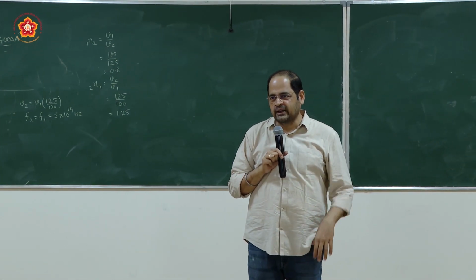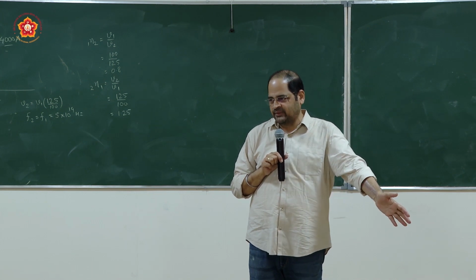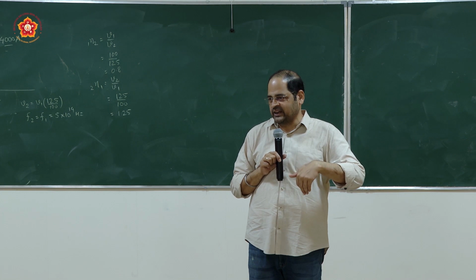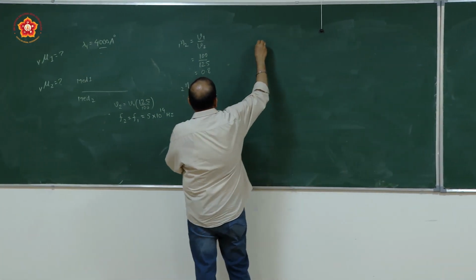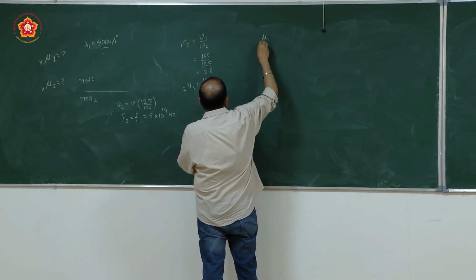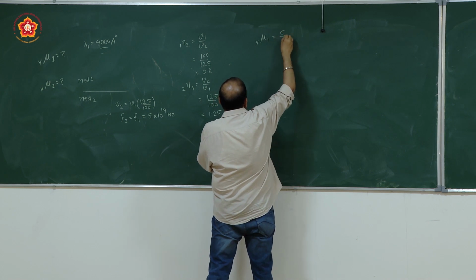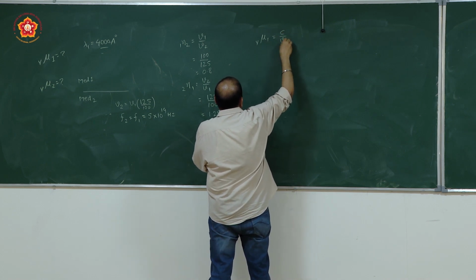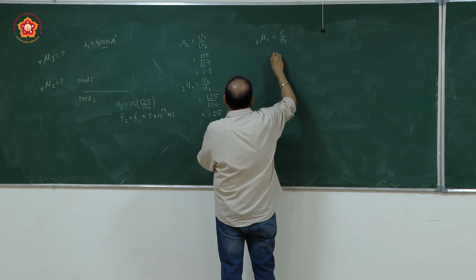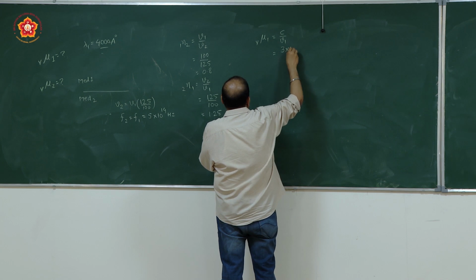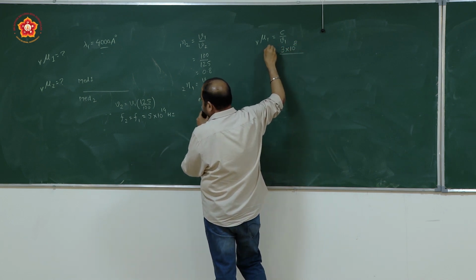Because you have to calculate the refractive index of the medium with respect to vacuum, not with respect to the second medium. So the refractive index of the first with respect to vacuum will be speed of light in vacuum upon velocity of light in the first medium. Speed of light is known: 3 into 10 to the power 8 divided by the velocity in the first medium.